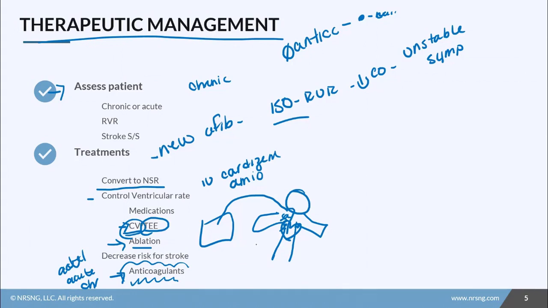Another example I want to share is if the same patient comes into the ER, comes into the hospital, new onset AFib, symptomatic, unstable, and we have them on a cardizem drip. More than likely, they're going to be started on a heparin drip. And this is going to prevent the risk for clots forming in the atria.